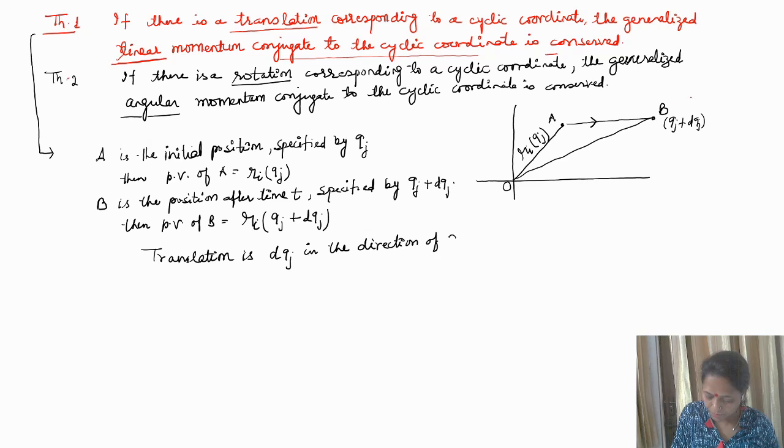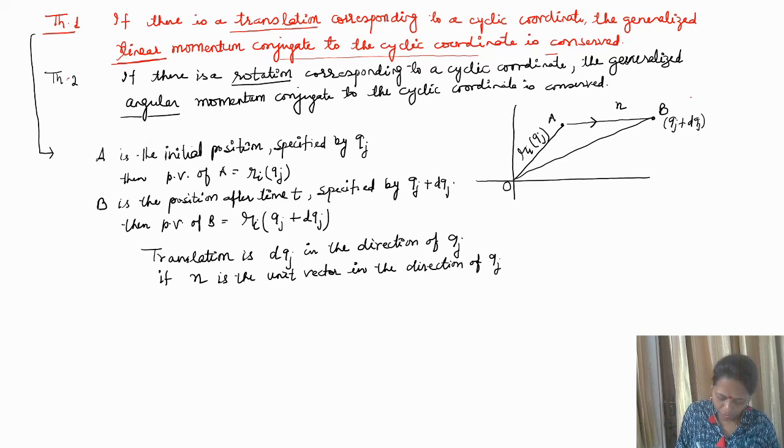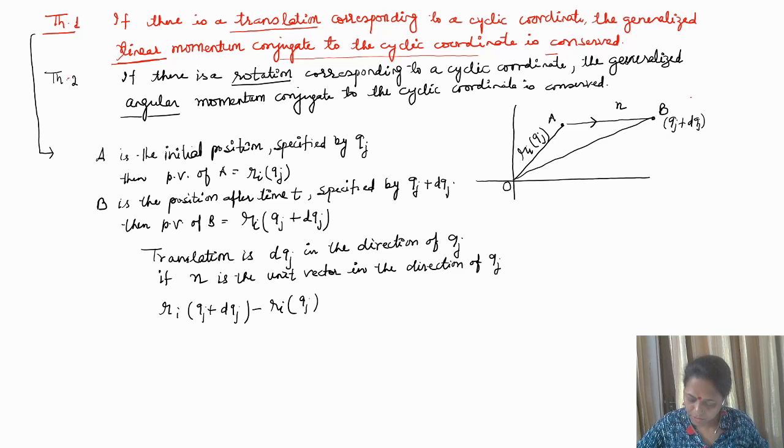Let n be the unit vector in the direction of Qj. Then what will be your Ri(Qj plus dQj) minus Ri(Qj)? You have to take the translation AB.